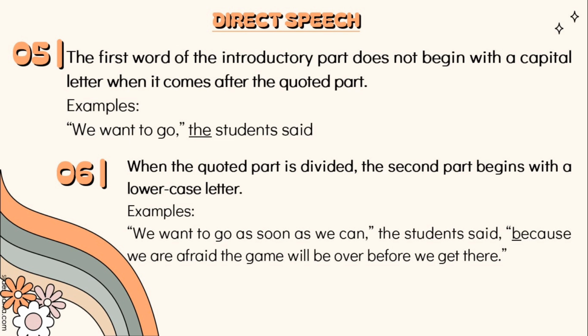So, for example, "We want to go," the student said. As you can see, the quoted part is placed at the first part of the sentence and the introductory part is placed after it. So it means that we should use a lowercase letter in the first word of the introductory part. Did you get it?